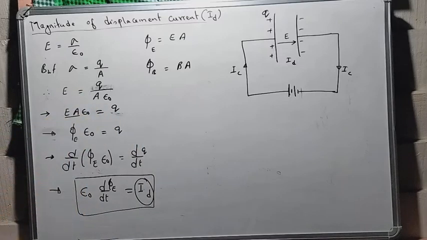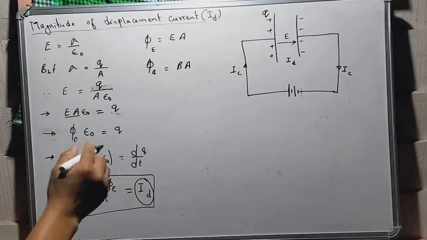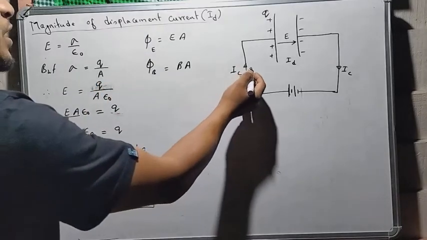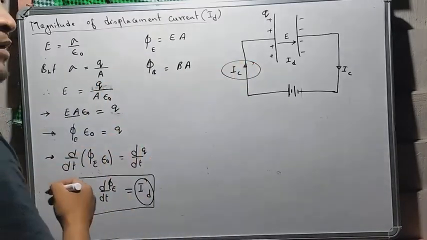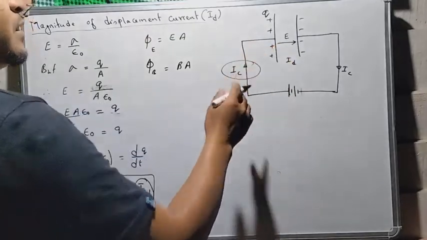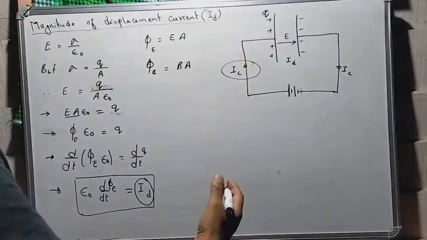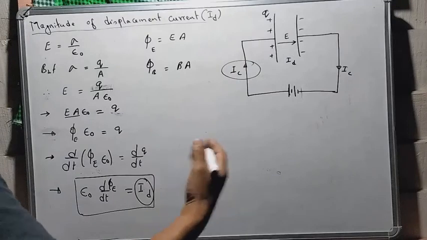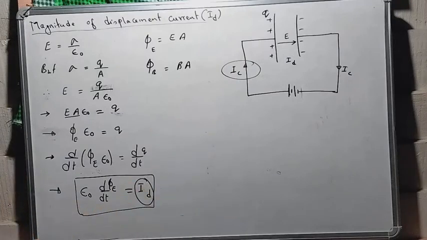So it is not only the conduction current that produces the magnetic field, but even a varying electric field can generate a magnetic field. So this is the displacement current.